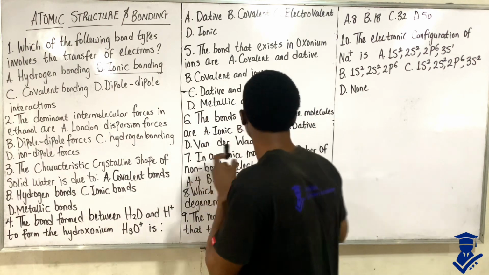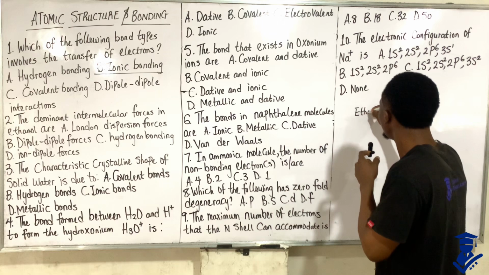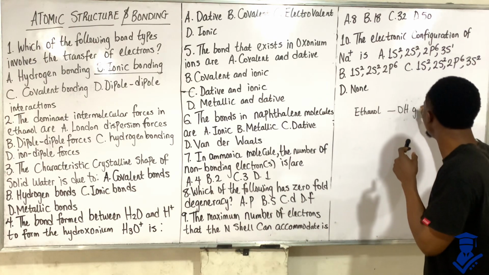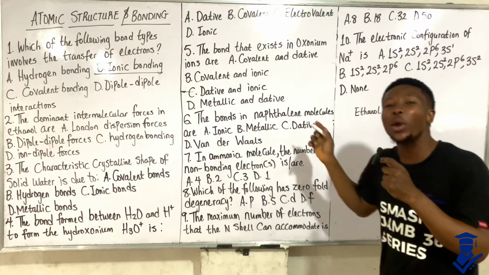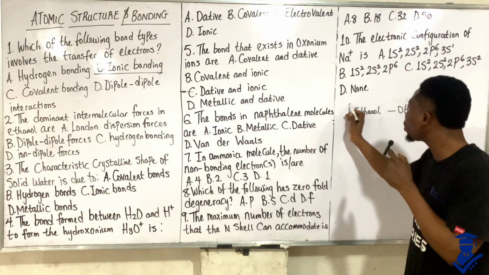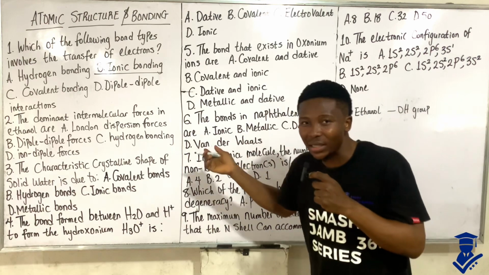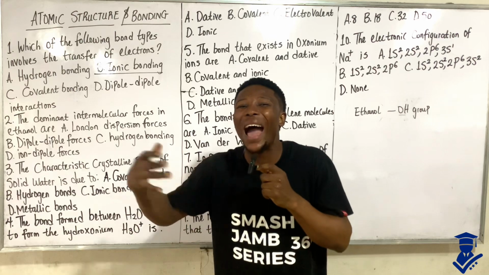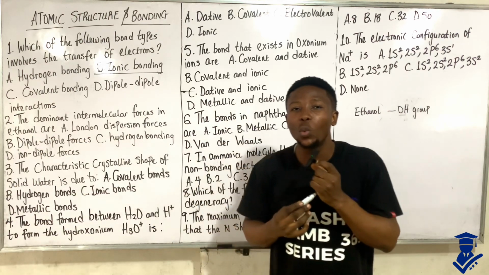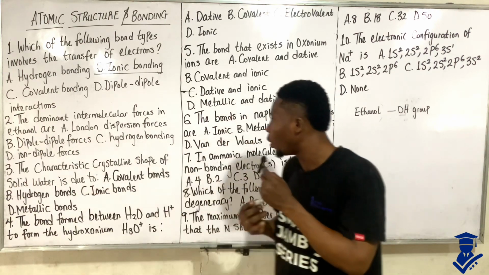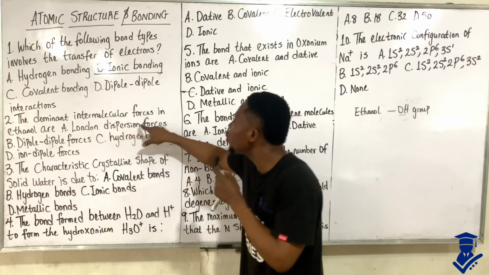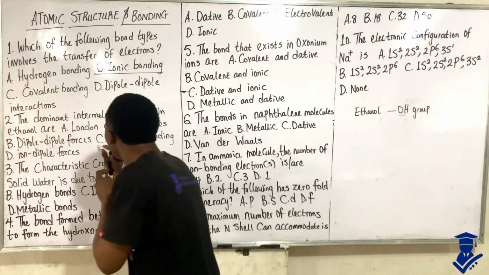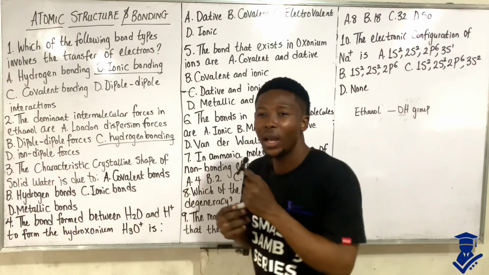Ethanol is an organic compound that has an OH group, and it is a polar compound. The OH group has the ability to form hydrogen bonding with other ethanol molecules. So the dominant intermolecular forces in ethanol, because of this OH group, is hydrogen bonding.